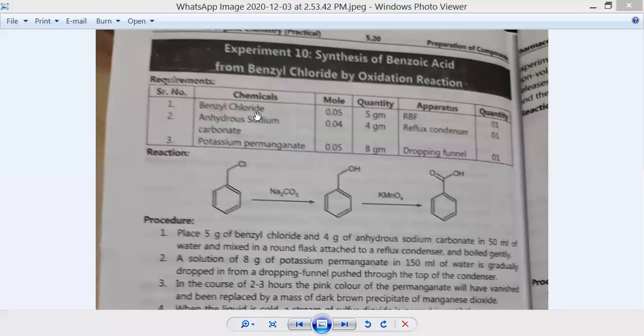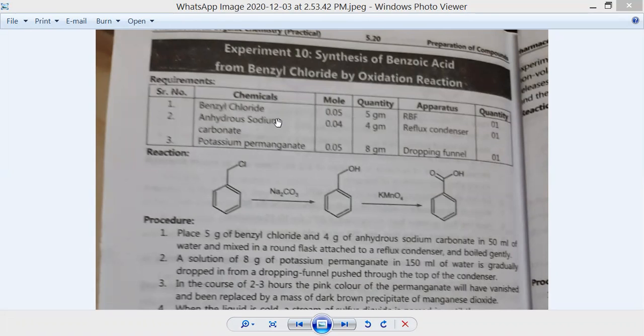We will require reagents like benzoyl chloride, then we'll require a base, that is anhydrous sodium carbonate, to hydrolyze the bond between this carbon atom and this chlorine atom. After this alkaline hydrolysis, the benzoyl chloride will be converted into benzoyl alcohol, and this benzoyl alcohol, with a strong oxidizing agent, is further converted into benzoic acid.